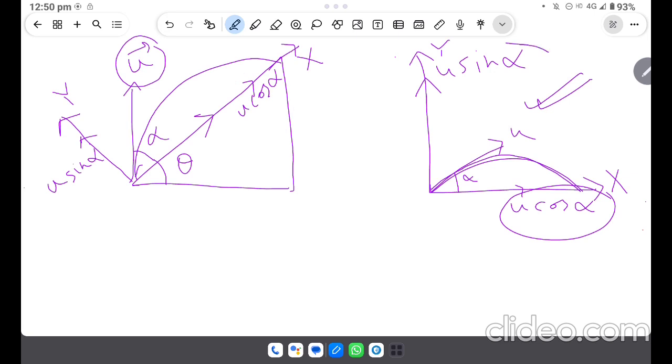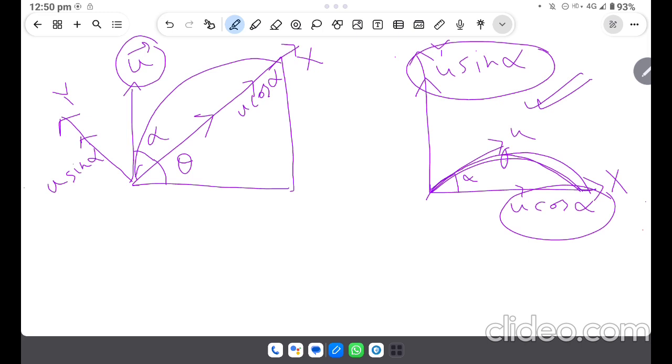But the y component of the velocity will gradually change. Initially up to the maximum height, it will decrease. Again from this point up to the last point, it will increase, right?